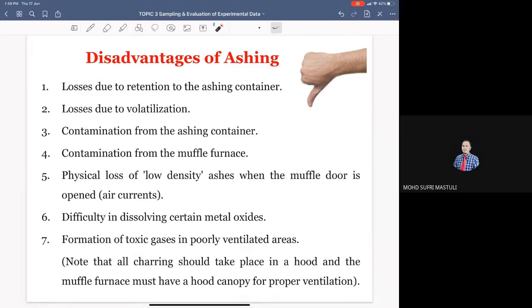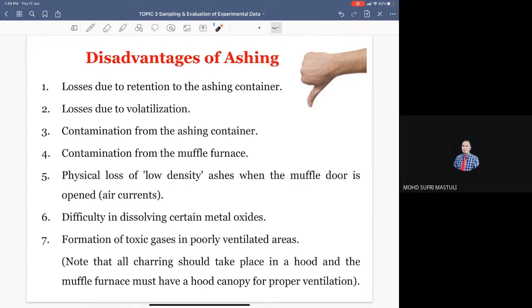And then there is difficulty in dissolving certain metal oxides. Formation of toxic gases can also happen. The toxic gas produced in a poorly ventilated area will be dangerous to human beings.